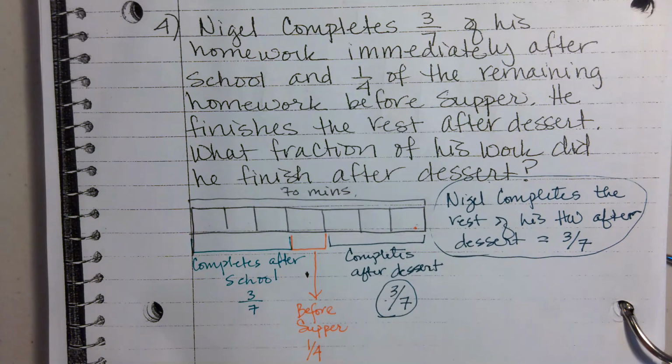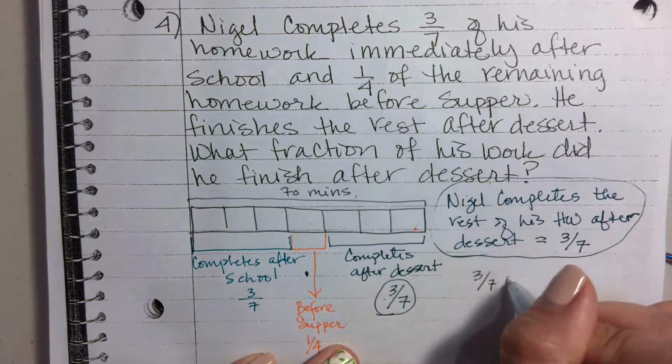It's a fraction of a set. He does 3/7 of his homework after dessert. We can multiply 3/7 of 70. That's how long he worked after dessert. We can first find the total minutes he spent after school by solving 3/7 of 70.